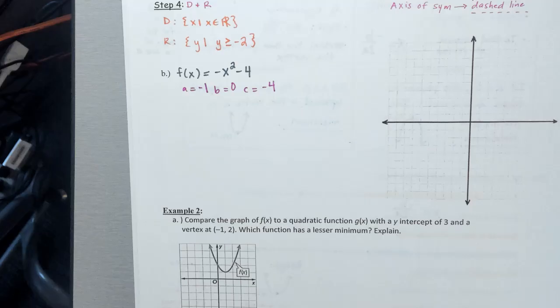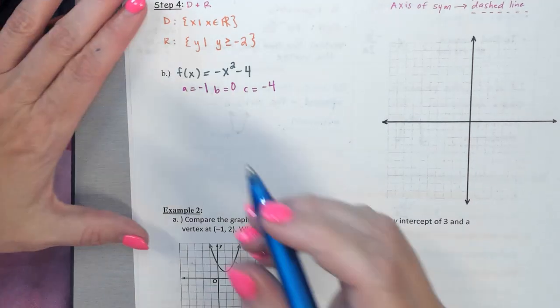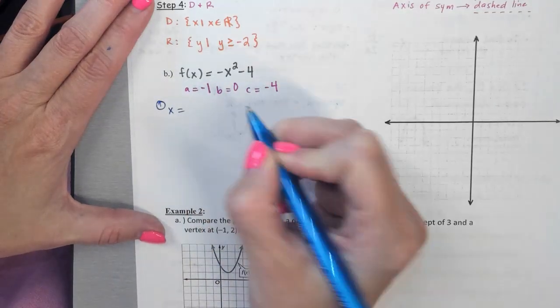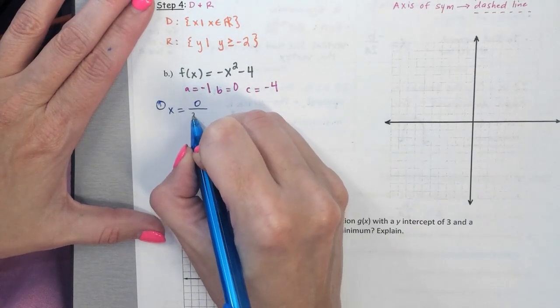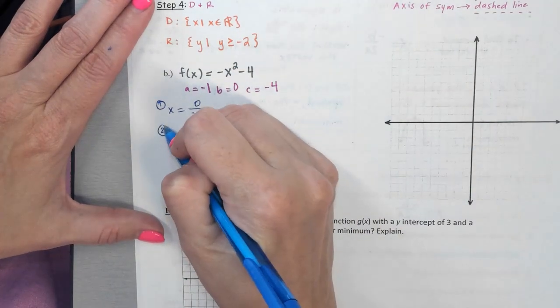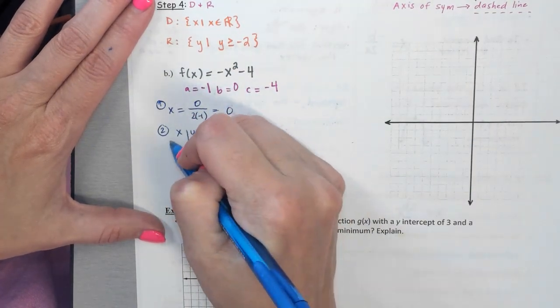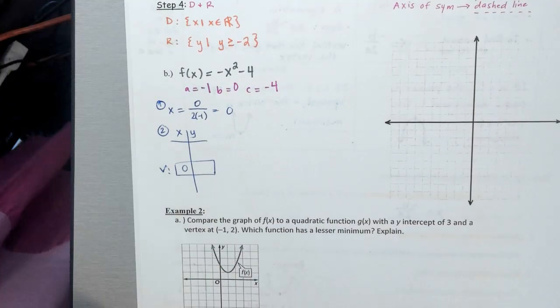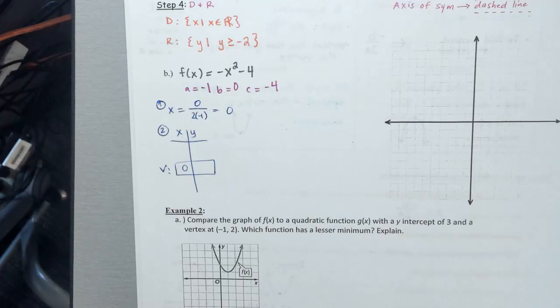When you go on to your next step, x is the opposite of B. The opposite of 0 is still 0, so you're going to get 0 there. Once you know what your center is, put that in your center.